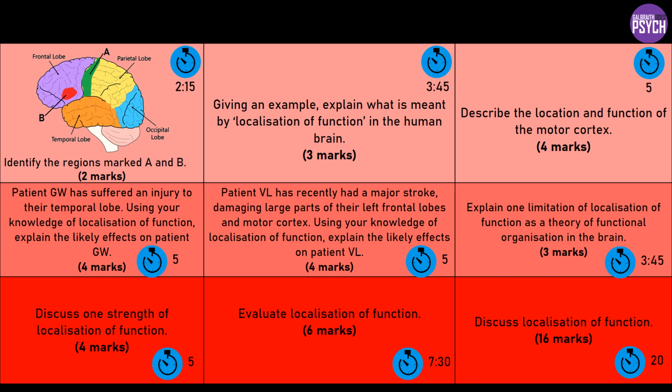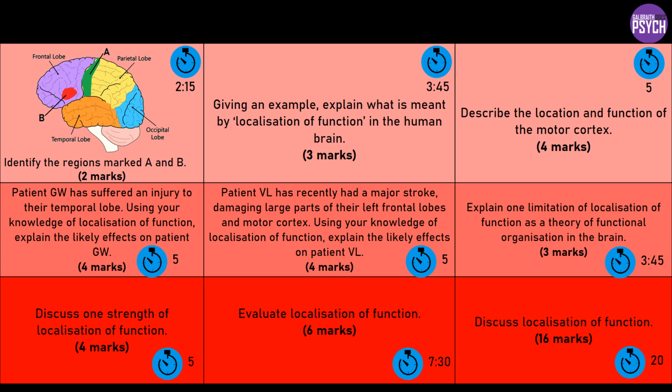Okay, so we've done the knowledge, we've written a paragraph on how it's an oversimplification, we've written a discussion on research support from case studies, and you could write a discussion on research support from brain scanning. If you wanted another paragraph, you could talk about equipotentiality theory.